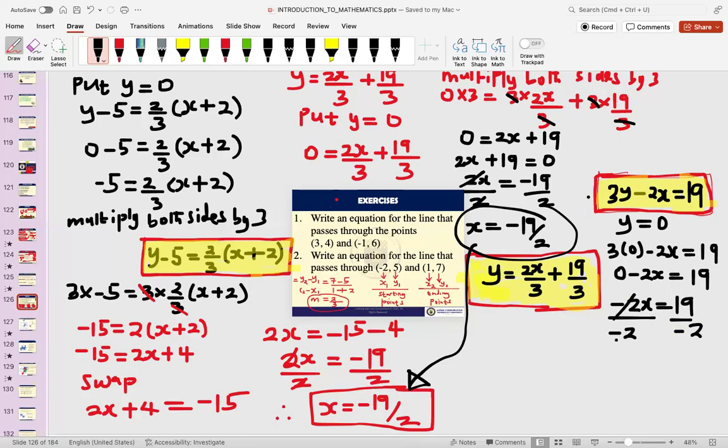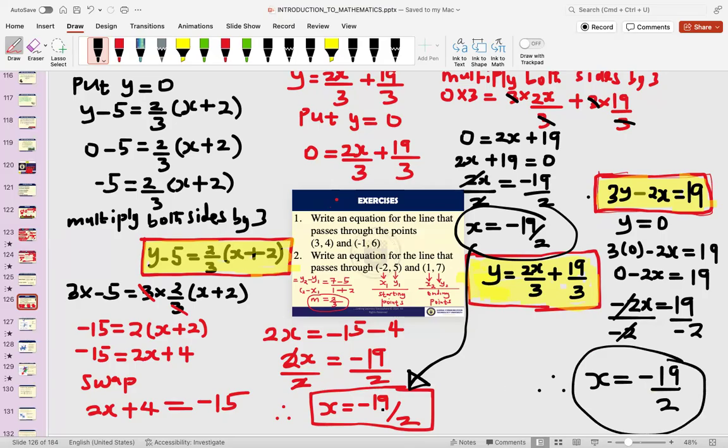This cancels this. Therefore, x can stand alone, as 19 divided by negative 2 is the same as negative 19 divided by 2. And we have the same answer again.